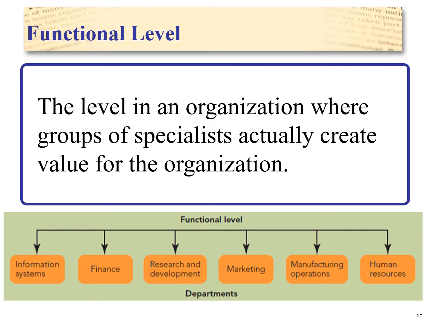Within those departments, you can again have different levels. But all of these departments are a part of the functional level. These are the people who are creating value for the organization.